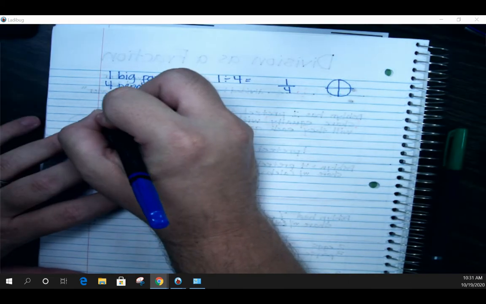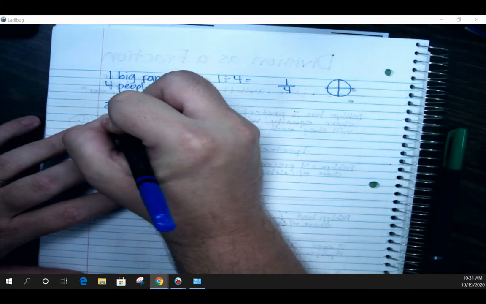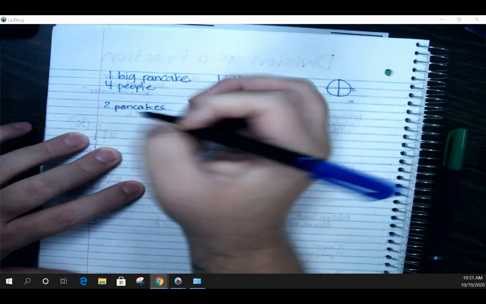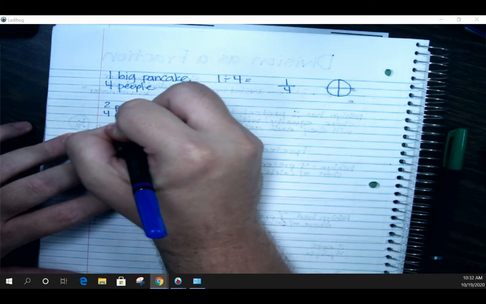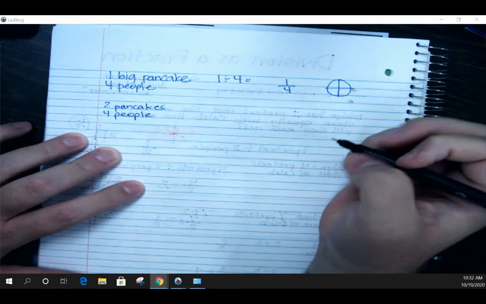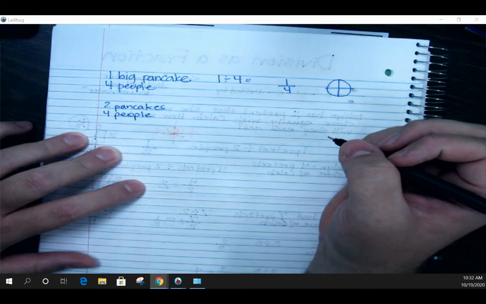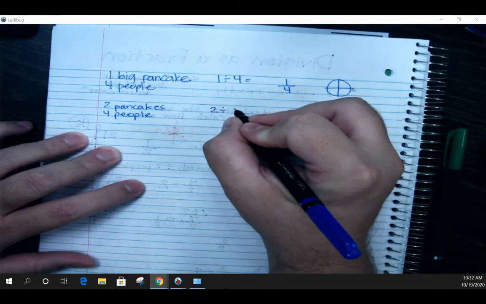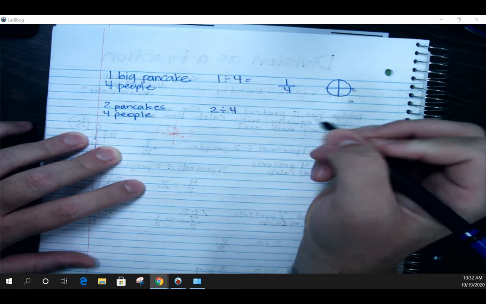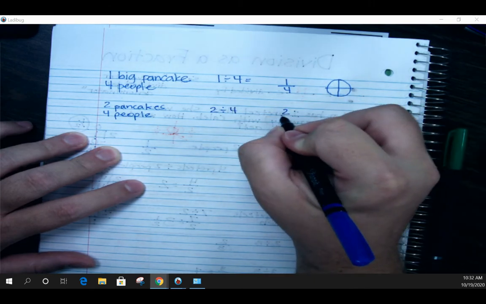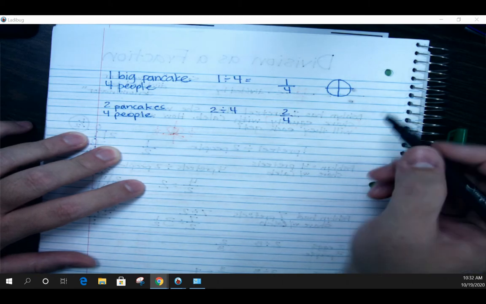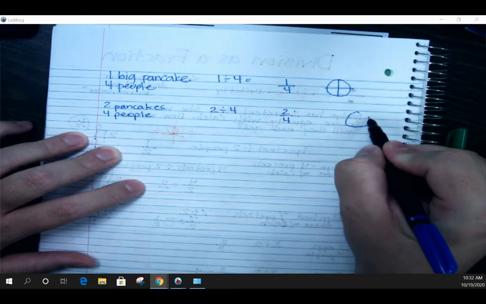What about if I have 2 pancakes and 4 people? Aiden, this is your time to shine. Tell me how to divide that. 2 divided by 4, which is 2/4. Now I want to show you 2/4.